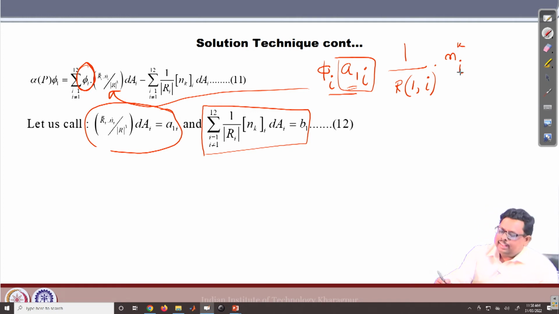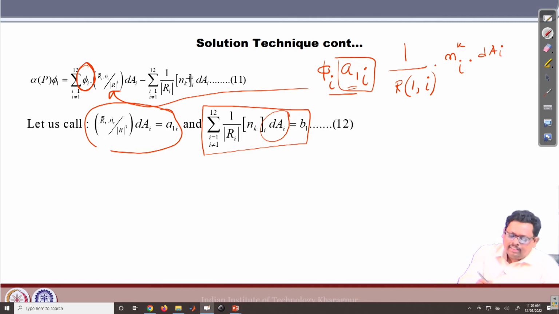So, it is the ith panel heap mode normal. That is also known to me, and also I know the area of that particular panel. So, all these components are known to me.